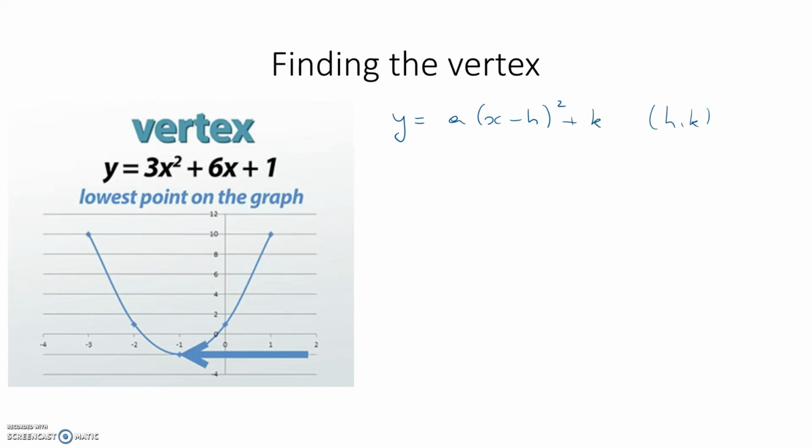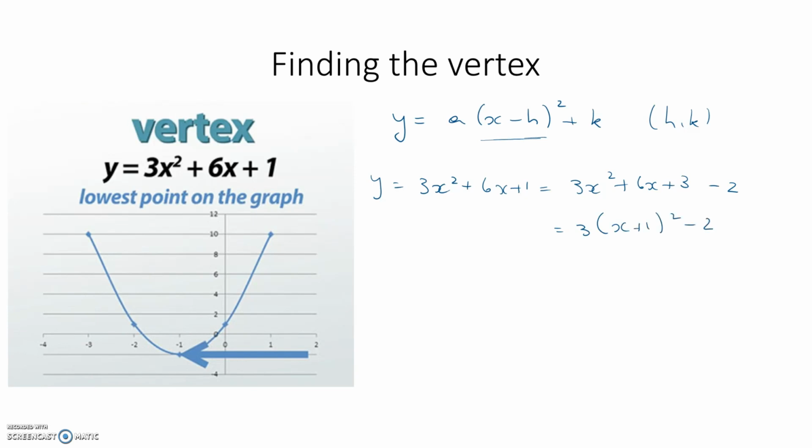So if we rewrite this one, y equals 3x squared plus 6x plus 1, knowing that we need to have this kind of arrangement here, if we write that as 3(x squared plus 2x plus 1), and then we need to subtract off 2 to make it back to what it was, then we've got 3(x plus 1) squared minus 2.